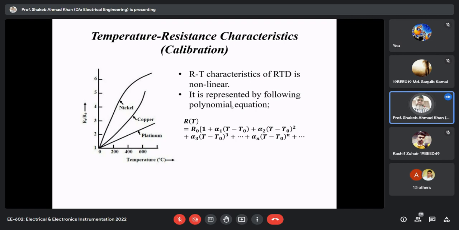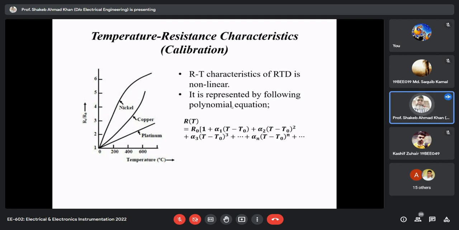Whatever I'm discussing here, any general comment about calibration, is for all instrumentation systems, including your RTD.